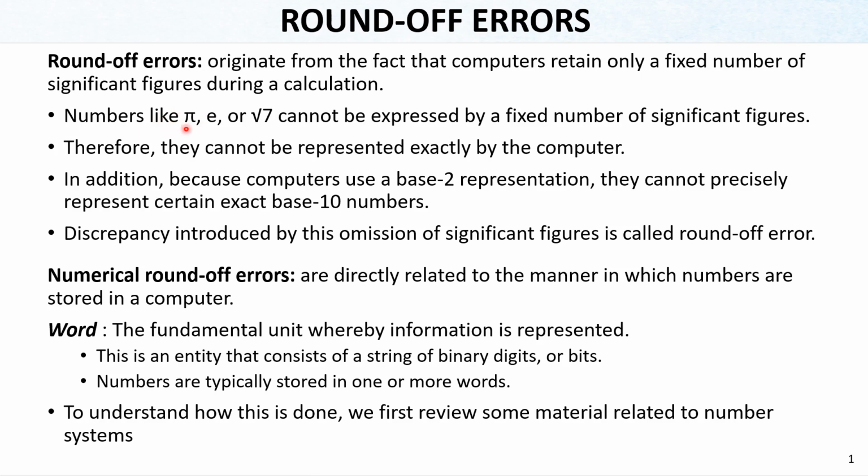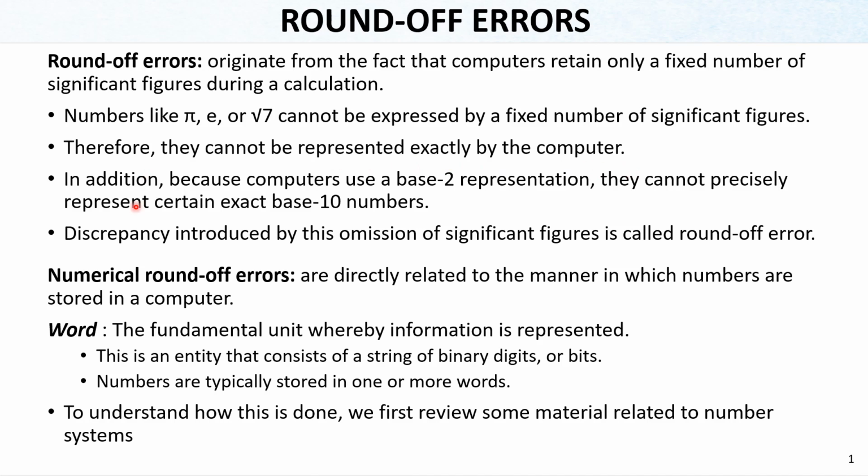Numbers like pi, exponential, or square root of 7 cannot be expressed by a fixed number of significant figures because the digits go to infinity, and we need to cut at some point to keep it short and storable in the computer. That's why they cannot be represented exactly by the computer.